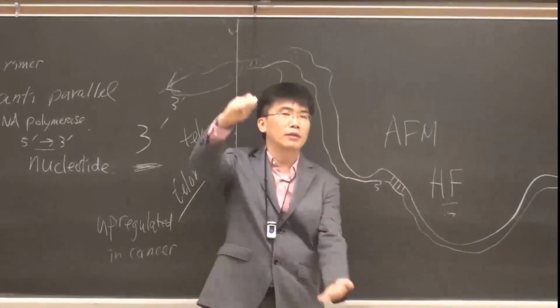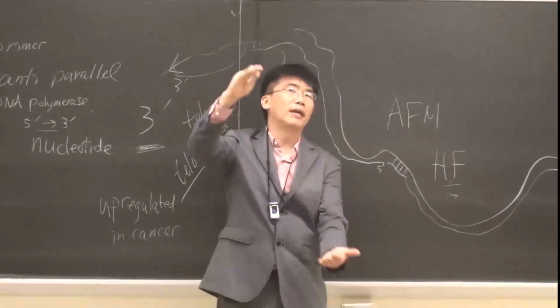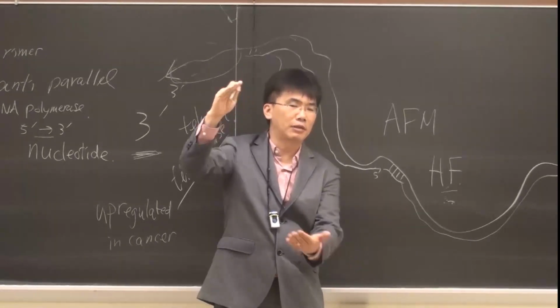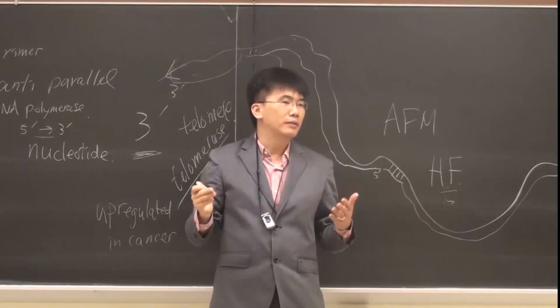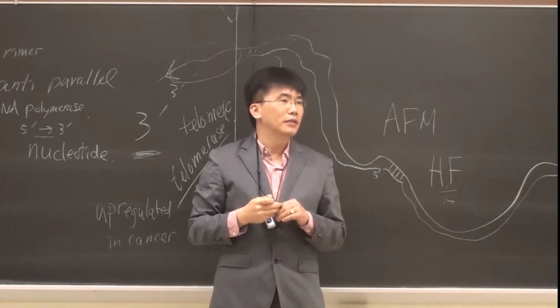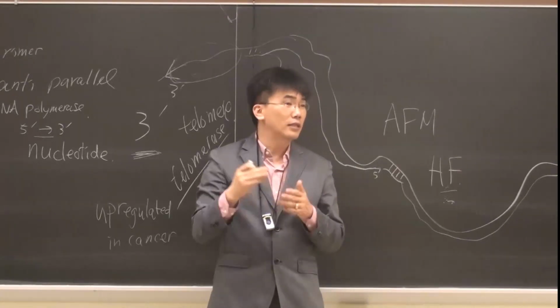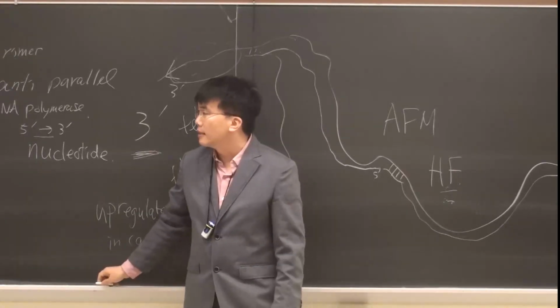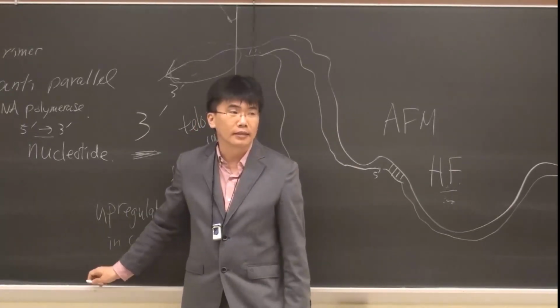So typically, if you make a 100 nucleotide long DNA chemically, half of them will be too short to be useful, and so on. But that's basically how you build DNA chemically.